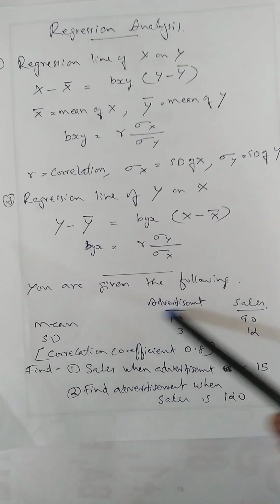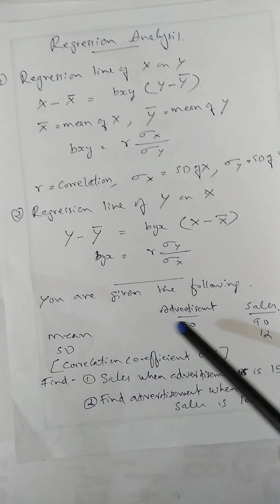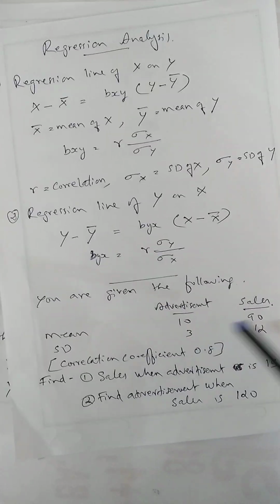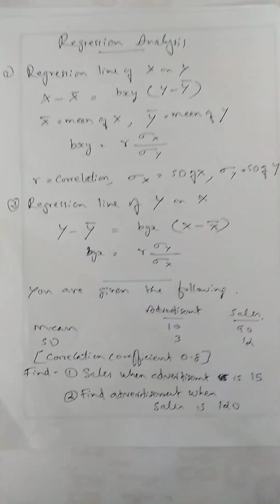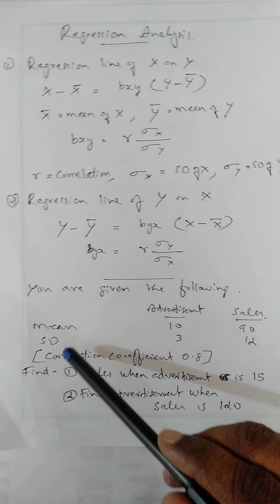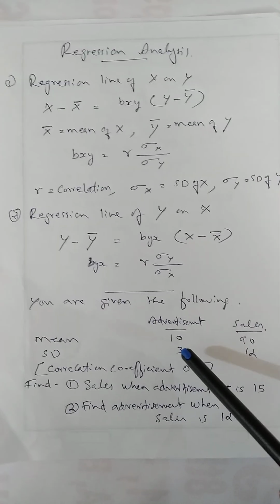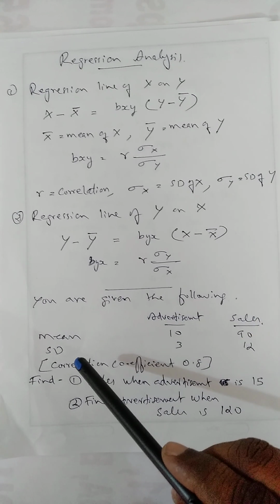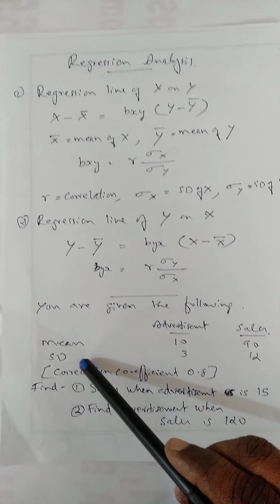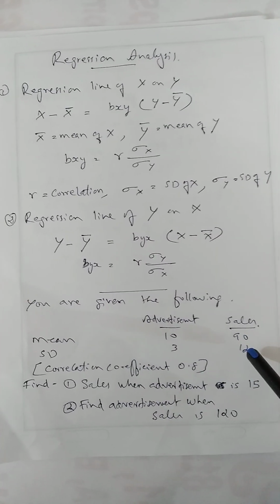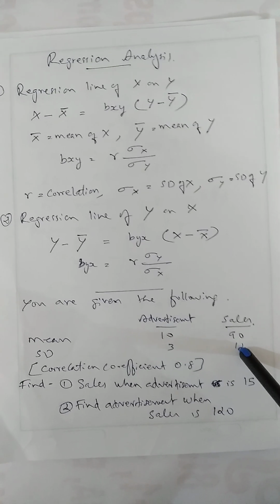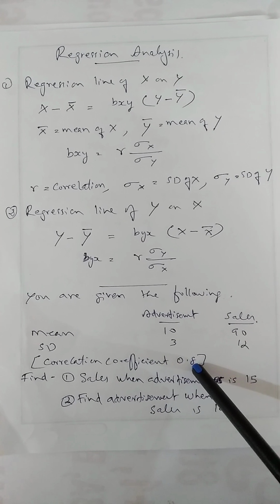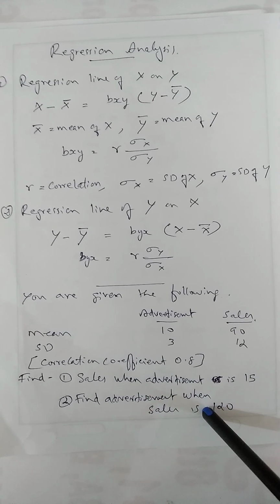So the mean of advertisement is considered as mean of X, then mean of sales is considered as mean of Y. Similarly, the standard deviation of advertisement is taken as standard deviation of X, and standard deviation of sales is taken as standard deviation of Y. Correlation is common to both these variables. It is given as 0.8, and two separate questions are also given.